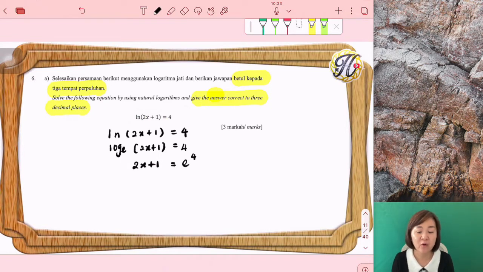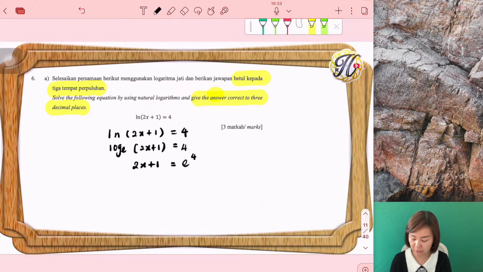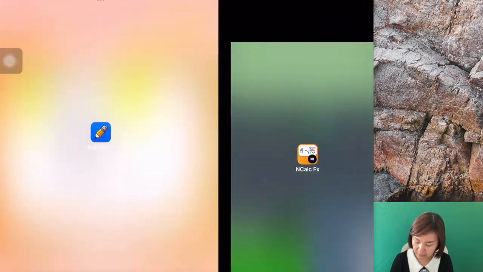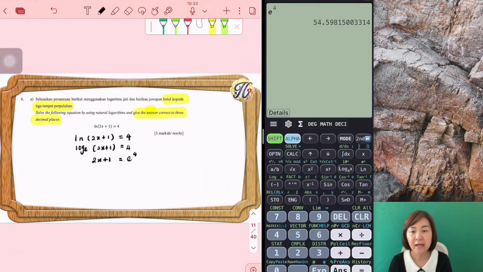So we want to get the value of x, right? So we need to find the value of e. How are we going to find the value of e? Actually we can get it from the calculator. Let me show you how to get it from the calculator. The calculator on my screen is more or less like the ClassWiz calculator. How to get the e?